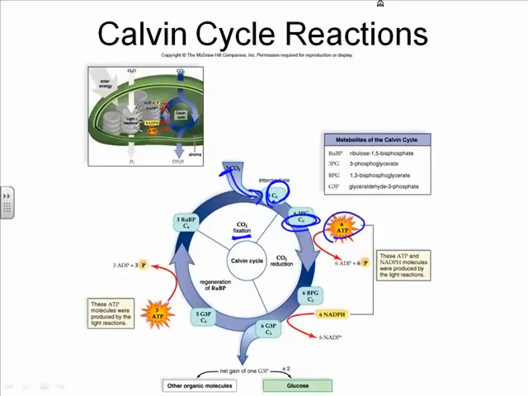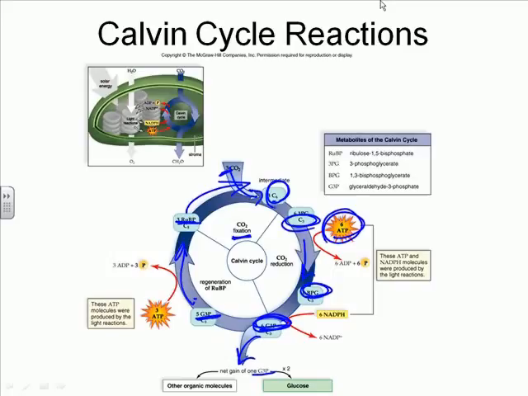To do that, it's going to take ATP to turn it into BPG. BPG becomes G3P, and I'm going to let go of 1 of them. The other 5 are going to be used to remake my RuBP that I need to start the cycle over again.